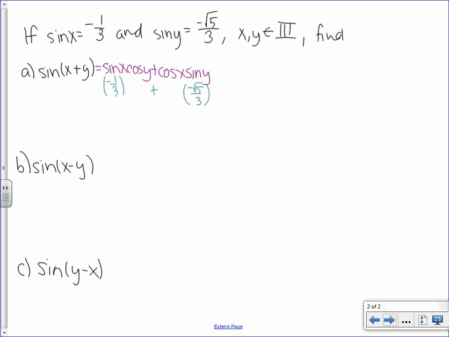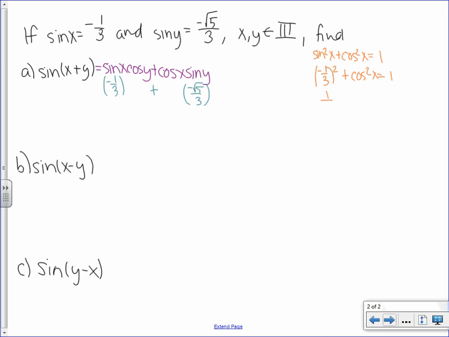Alright, again, Pythagorean identities. I'll do the x's first. So I've got sine squared x plus cosine squared x is equal to 1. I know that sine x is negative 1/3, so it's going to be negative 1/3 squared plus cosine squared x is equal to 1. Don't forget when you square a negative, that's a negative times a negative.